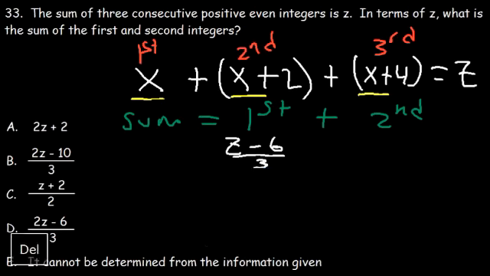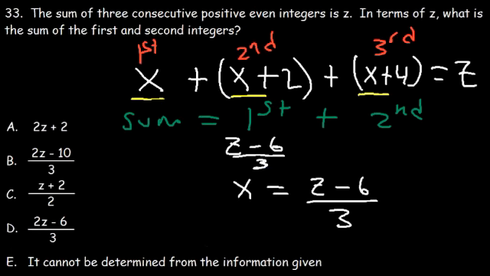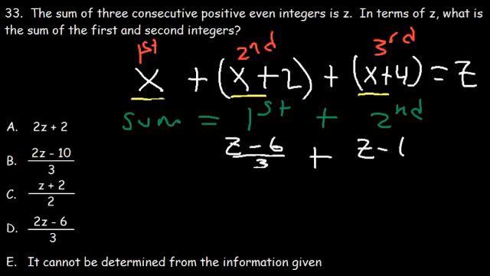So let's move this somewhere else. And the second one is x plus 2, so z minus 6 over 3 plus 2. So this is for the second integer.